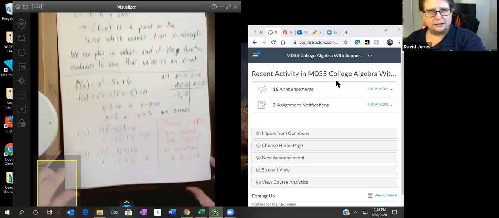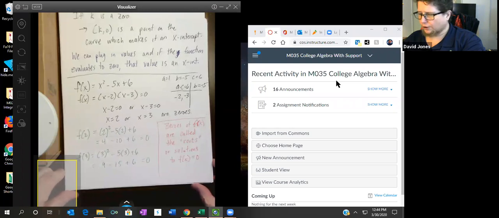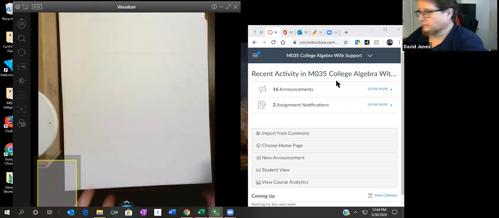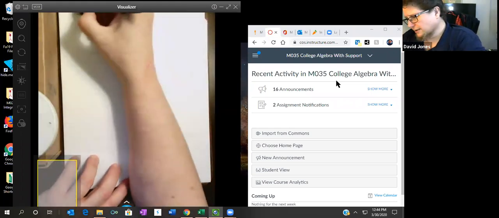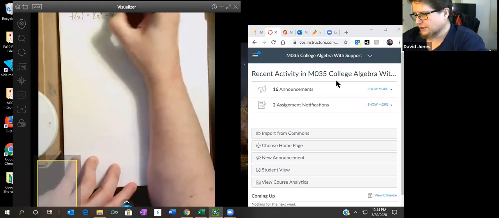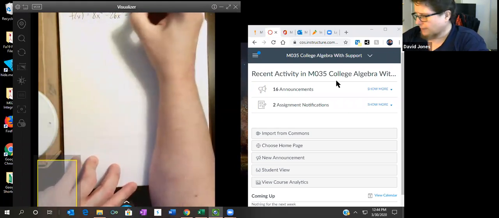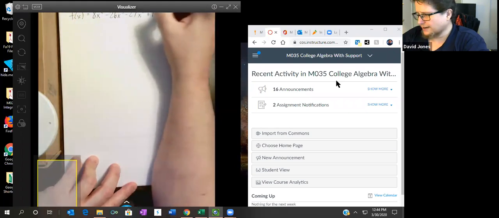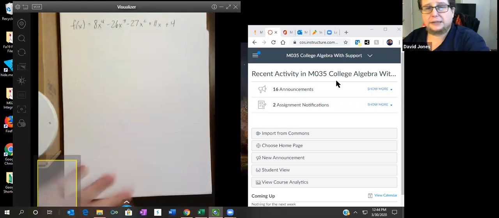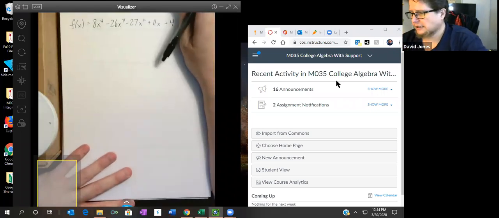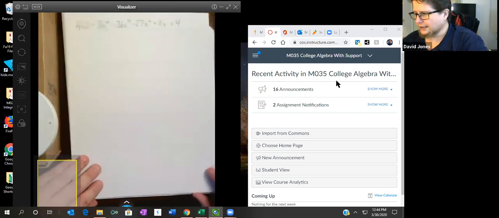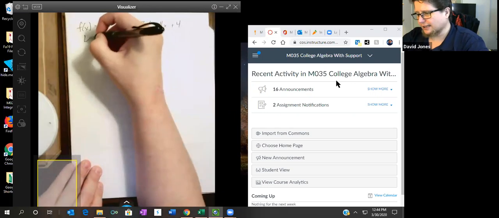Let's check this concept out on a bigger problem where it's a little bit harder. Let's look at f of x equals 8x to the 4th minus 26x cubed minus 27x squared plus 11x plus 4. And let's do some test values for k.